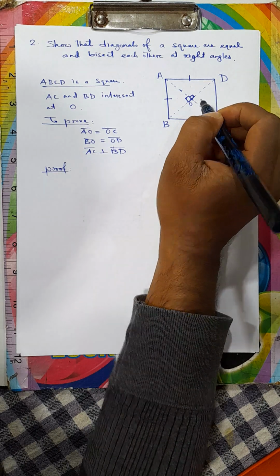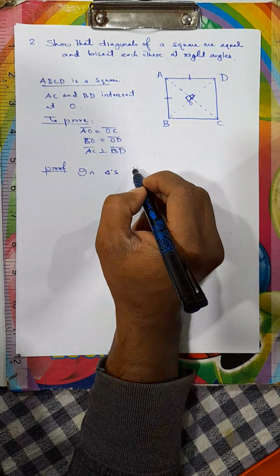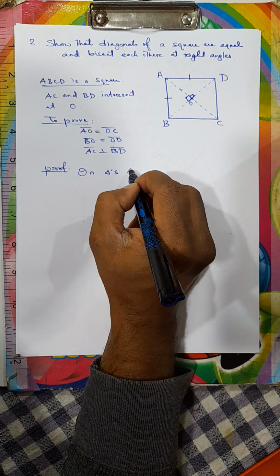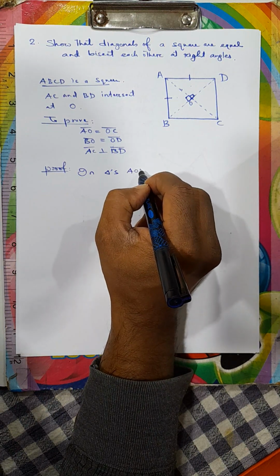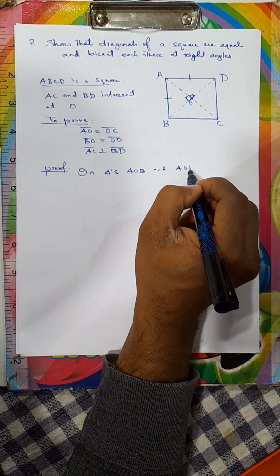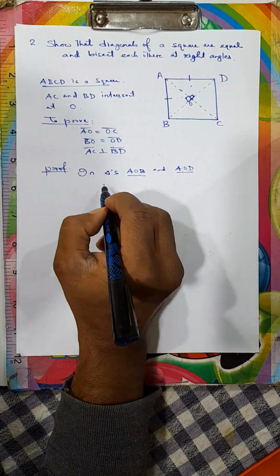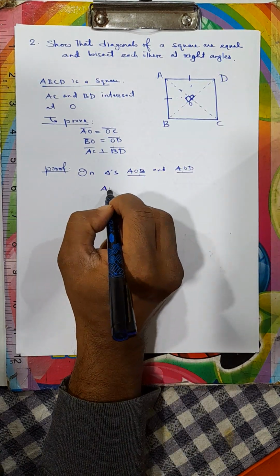So we can prove that in triangles AOB and AOD. Let us consider these two triangles. What things are equal here?